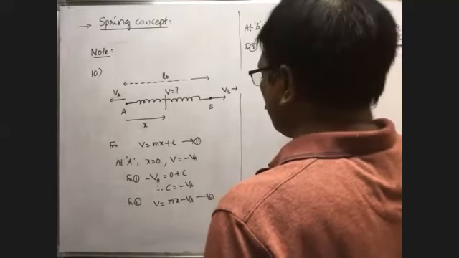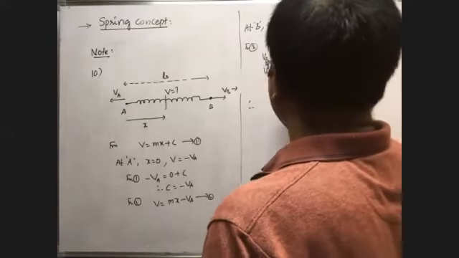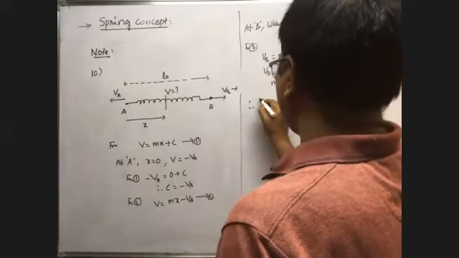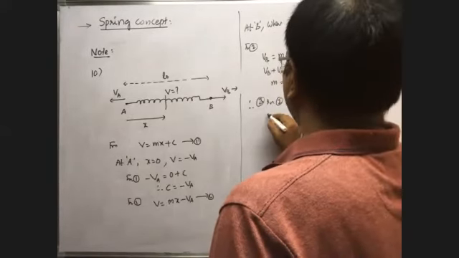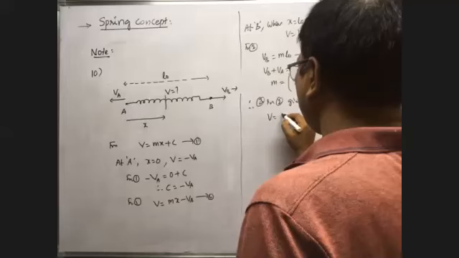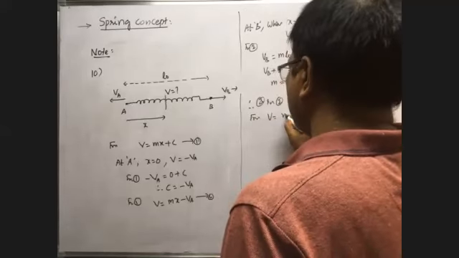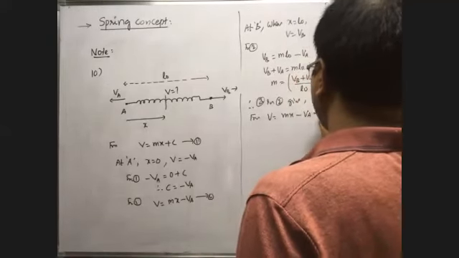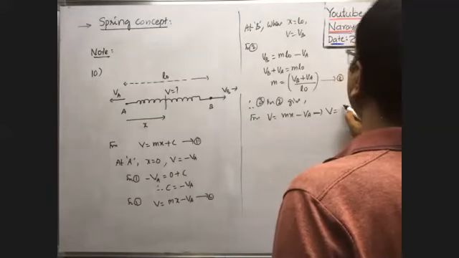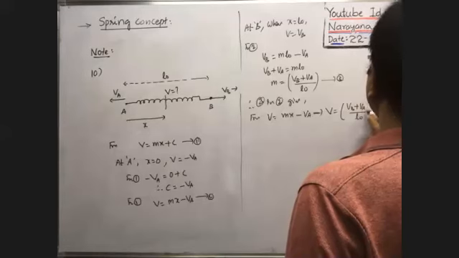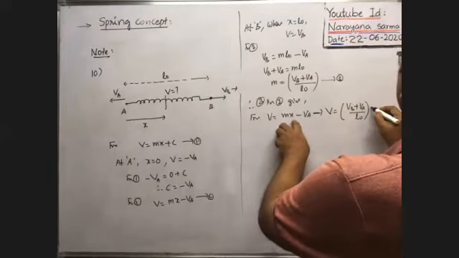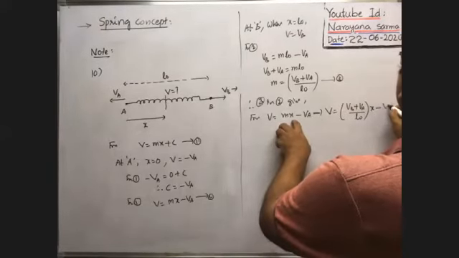Now we substitute this value in equation 2. Therefore, 3 in 2 gives V is equal to Mx minus VA. That implies V is equal to ((VB plus VA) by L0) into X minus VA.